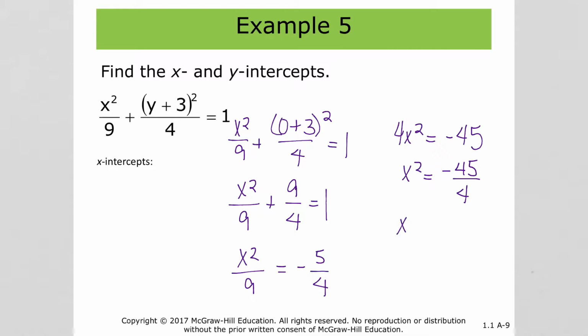Well, you can't take the square root of a negative number, at least not in the real case, so there are no x-intercepts.